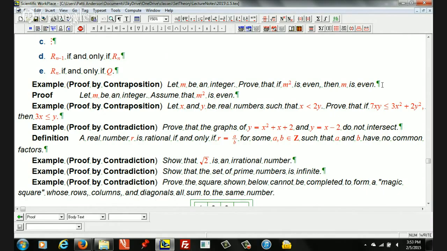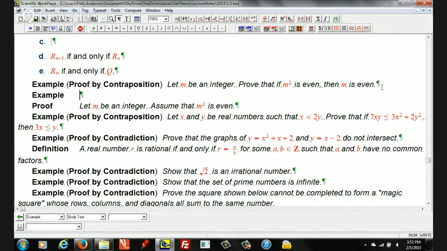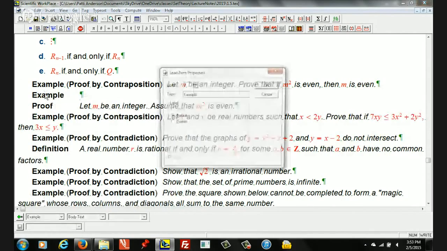Now, we're actually proving by contraposition. So what does that mean that we are actually trying to do? Maybe that's what I should put up here. We're going to assume that m squared is not even. Yeah, that's exactly right. We have to fix that.